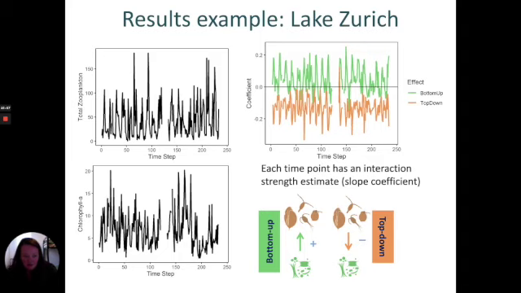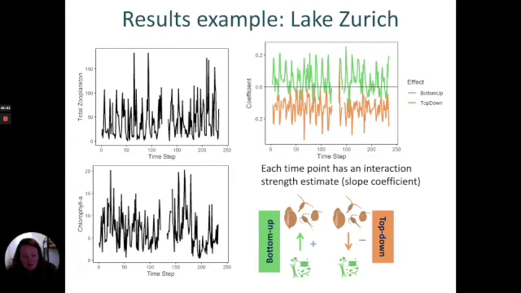And again, that means that with more chlorophyll, you have more zooplankton. So we get that kind of expected positive bottom-up effect. And then the top-down effects, in orange here, they tend to be negative or below 0. And that's when there's a lot of zooplankton in the past, it reduces the growth rate of phytoplankton.